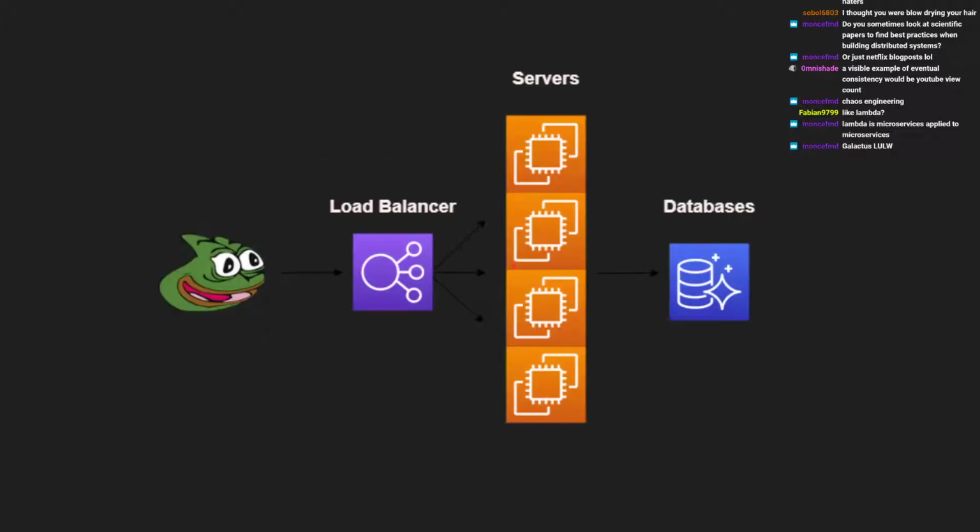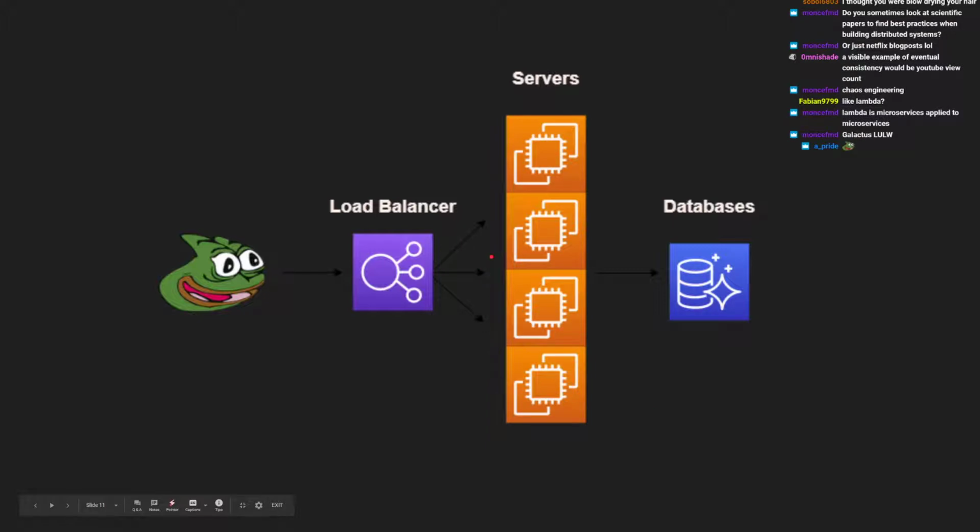So that being said, a modern system is not particularly complicated to think about, right? This is a very high level view of what a system is. Here's you. You want to access the system. The first thing that happens is you talk to a load balancer. A load balancer just balances load between each individual server to make sure that one server is not overloaded.